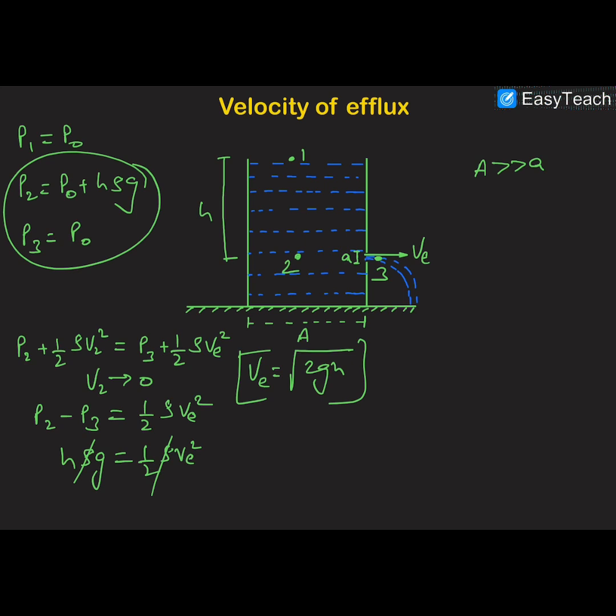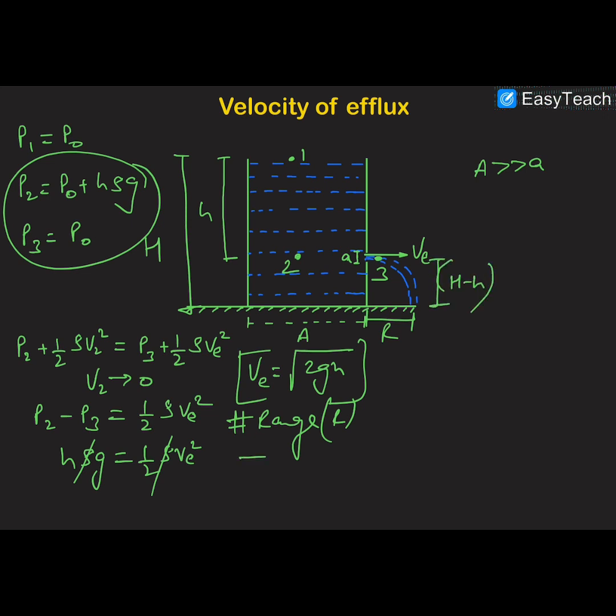And now let us discuss the range. What is range? You can see that this liquid stream is performing projectile motion, and therefore the distance at which it will fall in the horizontal direction is called the range. To calculate this range, we need to know that the total height of the liquid is H, and therefore the remaining height will be H minus h.